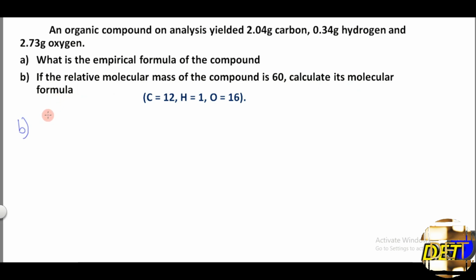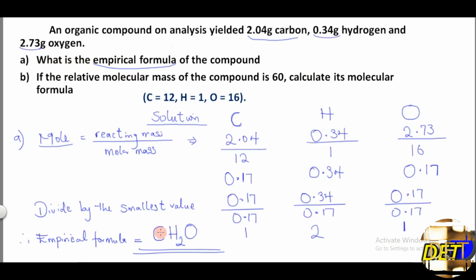It's very important that you should know that the molecular formula is a whole number multiple n of the empirical formula, right? From question A, we got the empirical formula to be CH2O.